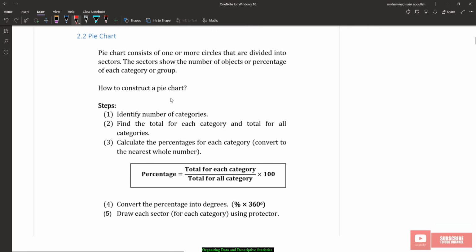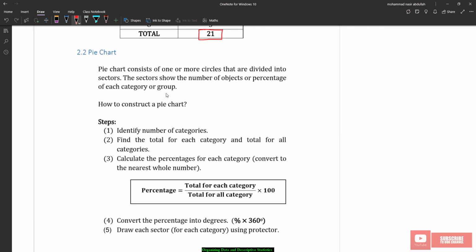Chart for qualitative variable. Remember, we are focusing now on qualitative variable, which is categorical variable. So a pie chart consists of one or more circles that are divided into sectors. The sector shows the number of objects or percentage of each group or category. Right? So we have a circle.